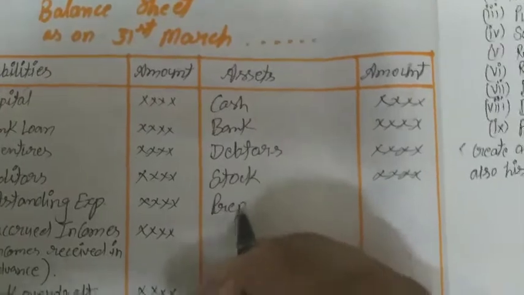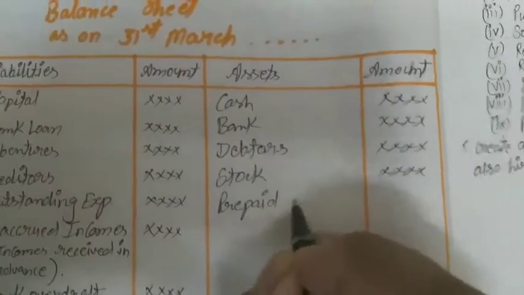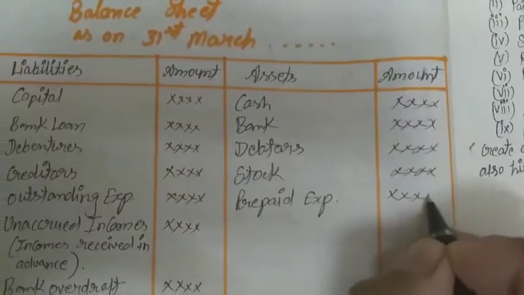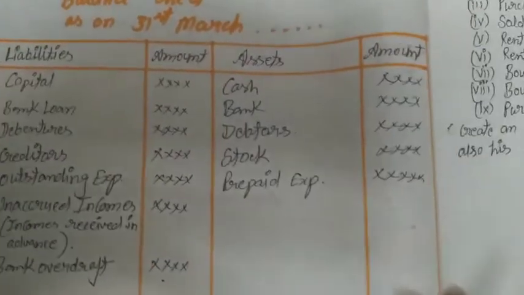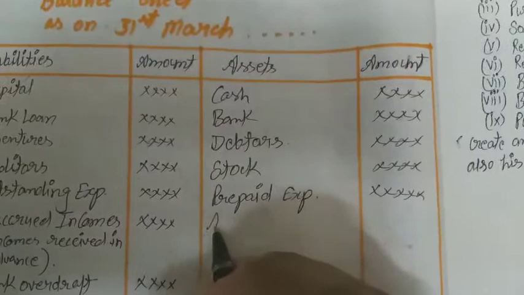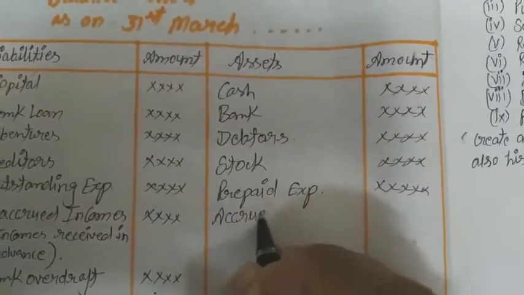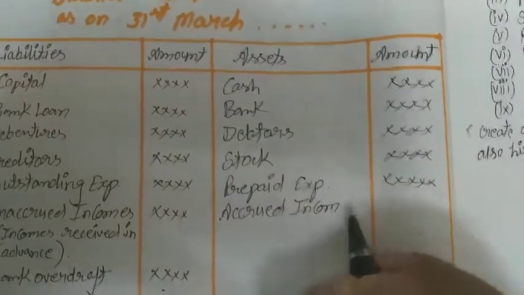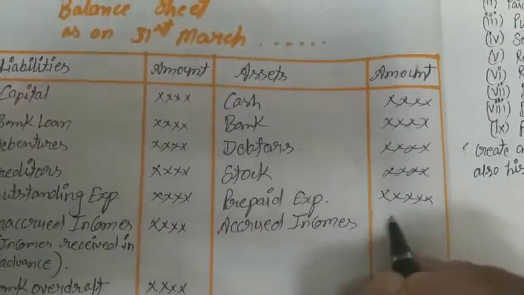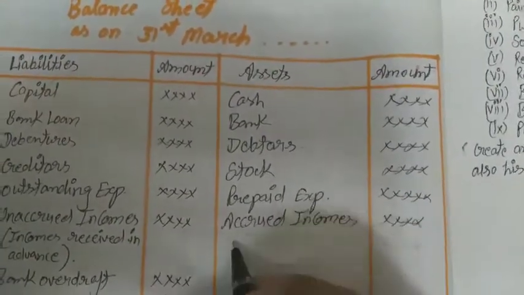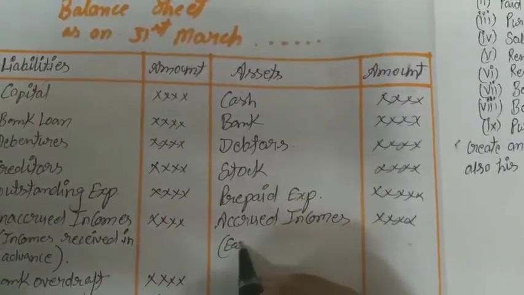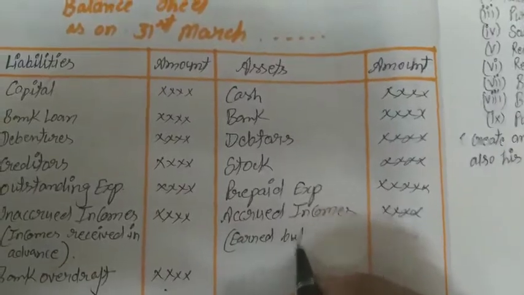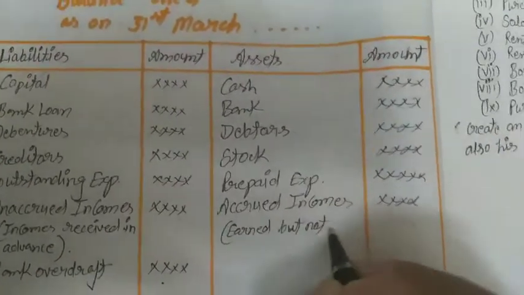Prepaid expenses, meaning expenses paid in advance, will come this side. And accrued incomes, meaning earned but not received.